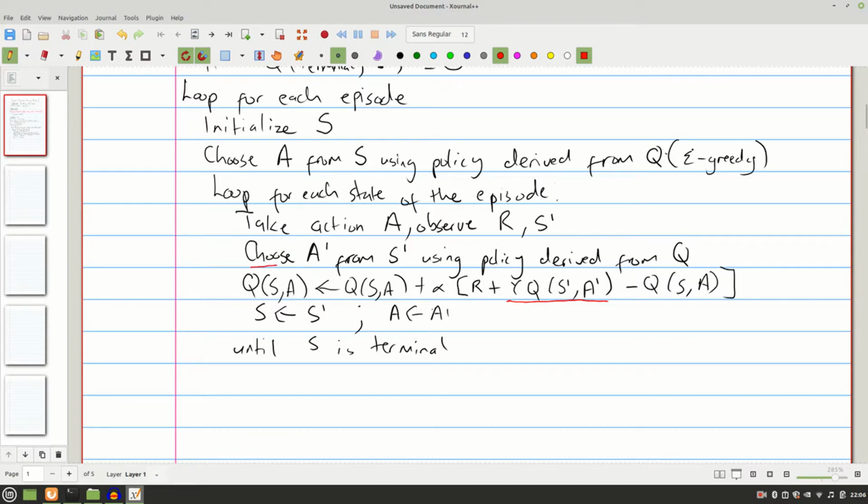We are choosing A prime, the next action, by using our policy derived from Q. Because we're using the same policy for behavior and as our target, this is why we are calling this an on-policy algorithm. The parts here that are underlined in red are the very reason why this is on-policy.